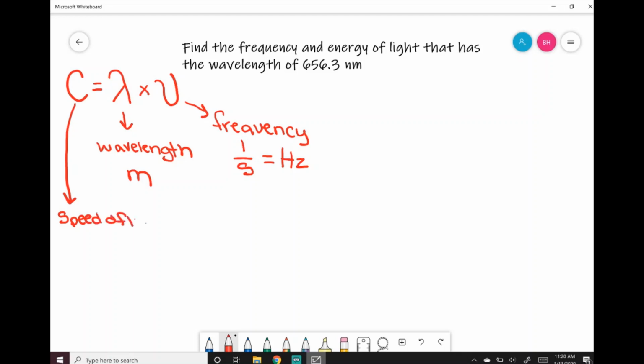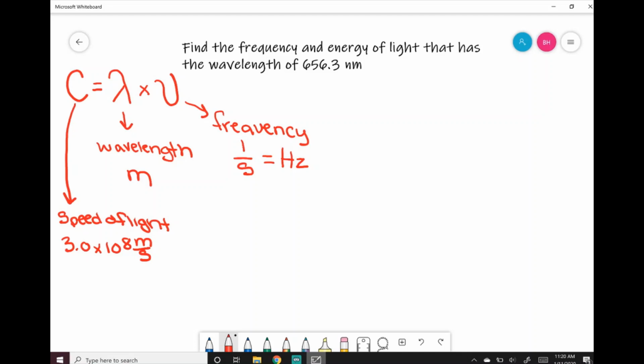For our cases, we're only going to use that it's 3.0 times 10 to the 8th meters per second. If we wanted to be more exact, this number could be 2.998, and so on, but for our cases, having this amount of exactness is fine.